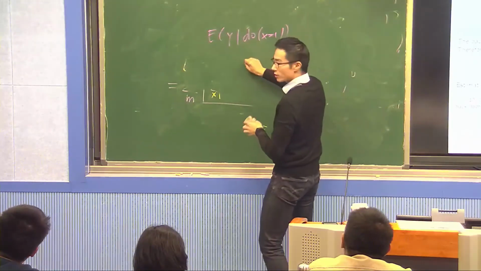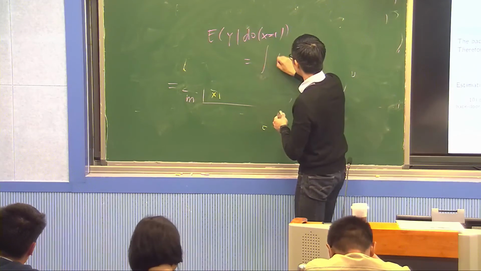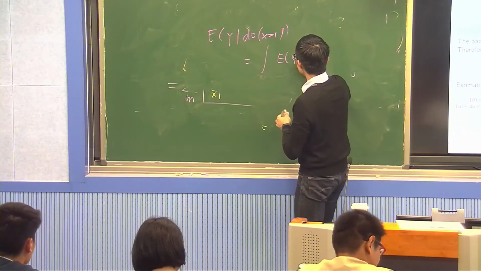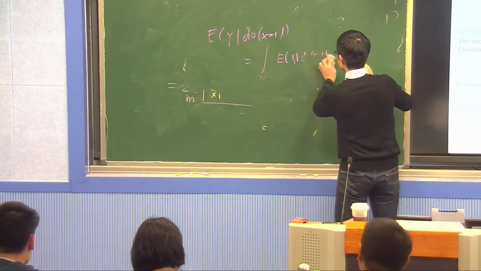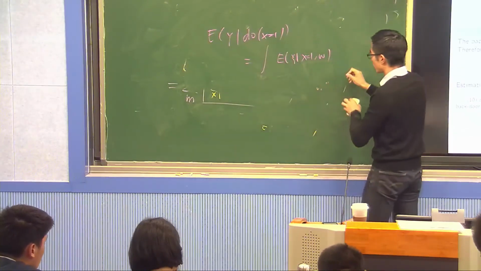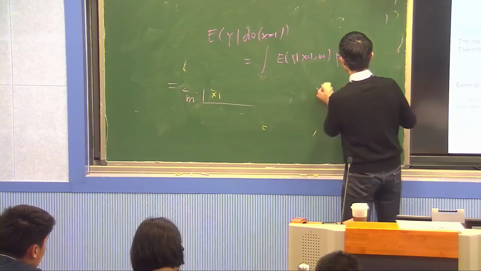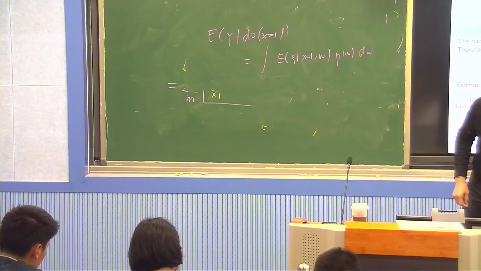Suppose I say this is simply equal to E[Y | do(x = 1), W]. So W is a set satisfying the backdoor criterion, okay? All right, so I can write it this way if W satisfies the backdoor.